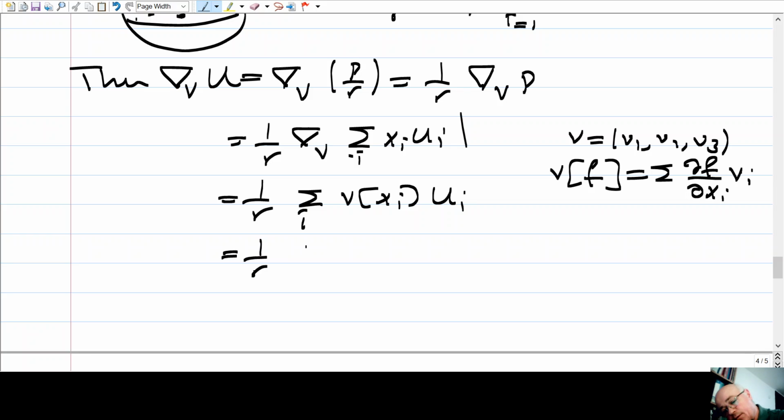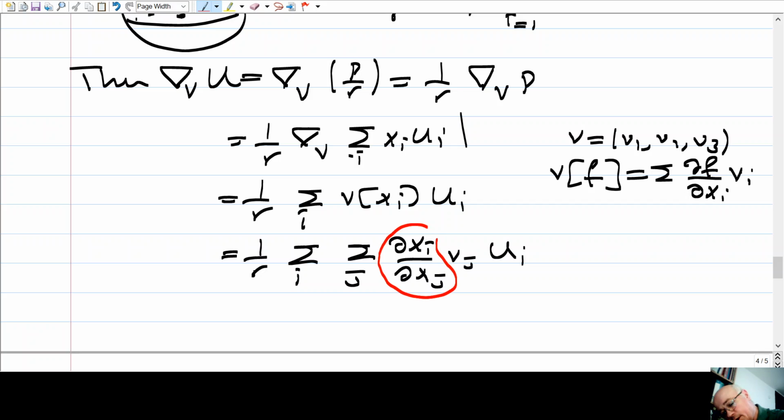So let me write the summation over j of del x_i over del x_j times v_j times u_i, but this is just the Kronecker delta ij.